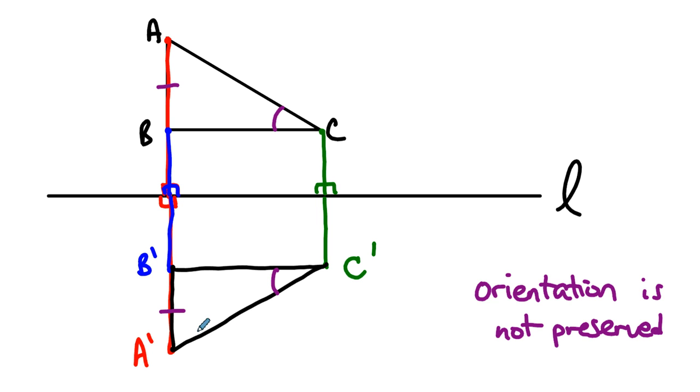But in the image figure, to go ABC, we go clockwise to name them. And so orientation is not preserved under reflections. Orientation was preserved for translations, and it was preserved for rotations, but it is not preserved for reflections. The orientation changes from one figure to its image.